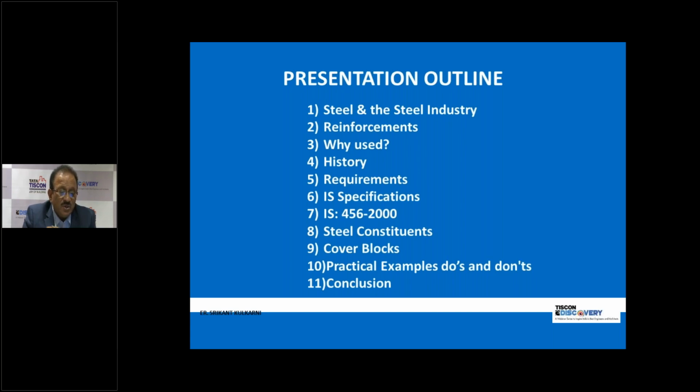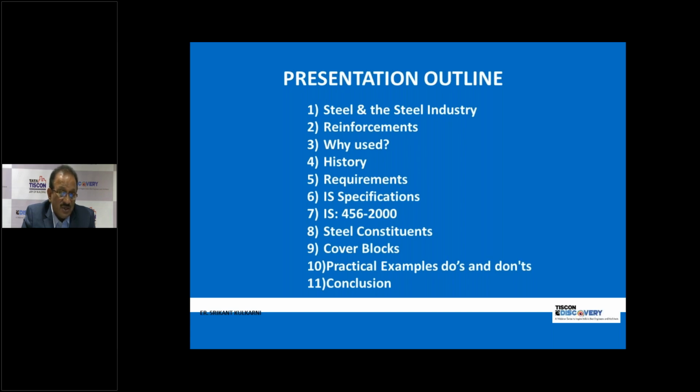Then we want to also cover a few steel constituents which improve the quality of the steel, or there could be some disadvantages also because of some particular chemicals. We will see that. We will discuss the importance of cover to be provided to the reinforcement, why it is required.